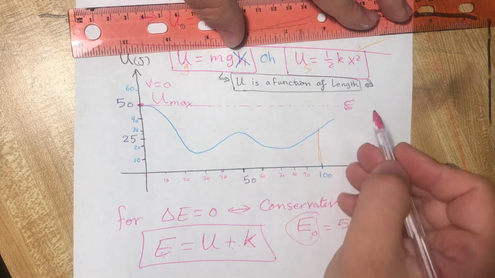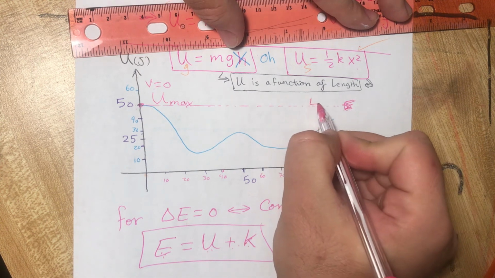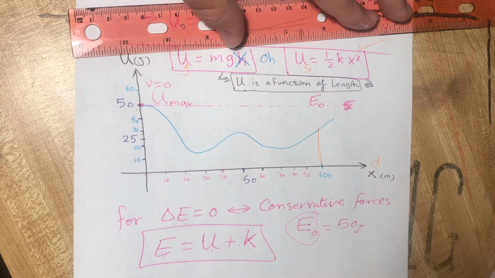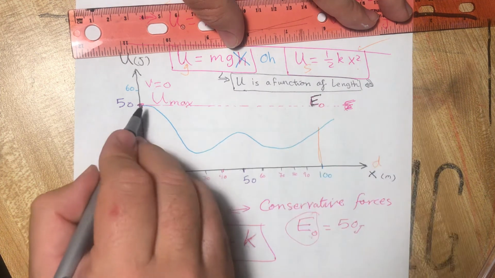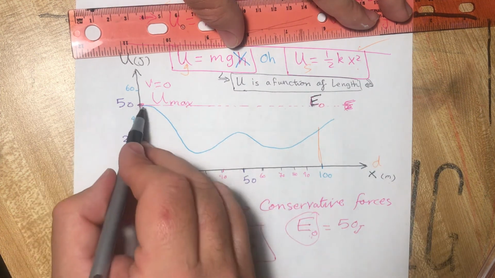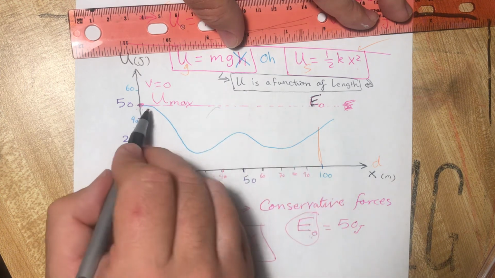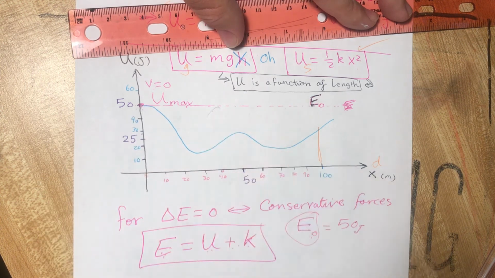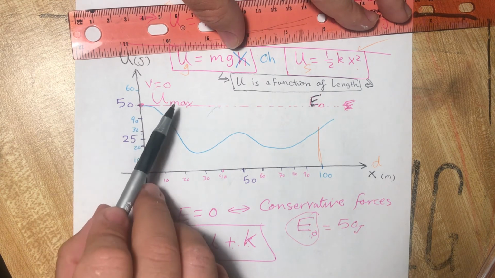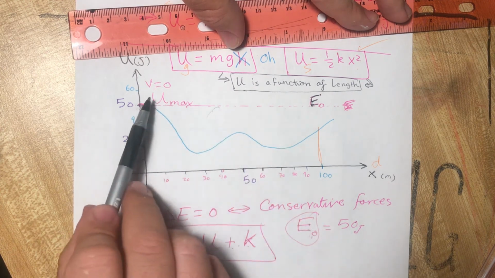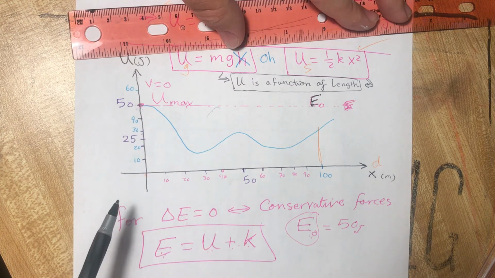Okay, so this is the mechanical energy. We can call it E0, which is equal to the potential energy at maximum value. Maybe the maximum value is not at the beginning, maybe it is at a different point, but the maximum potential energy is the E max at that point if the velocity is 0.